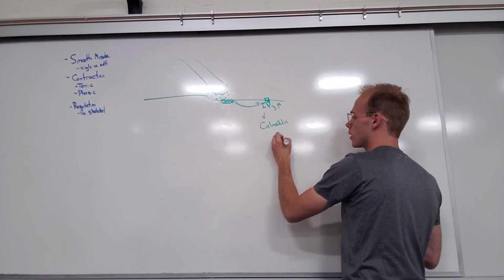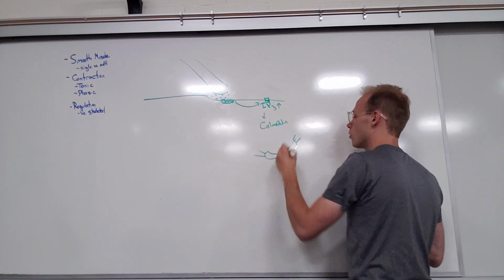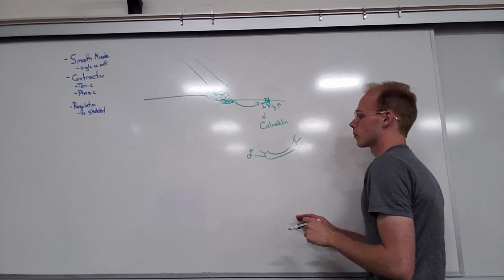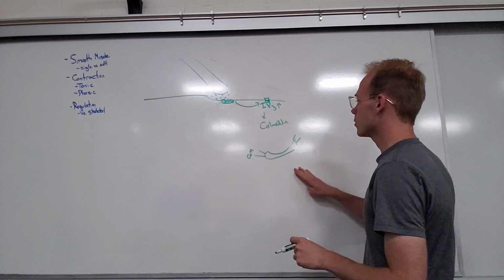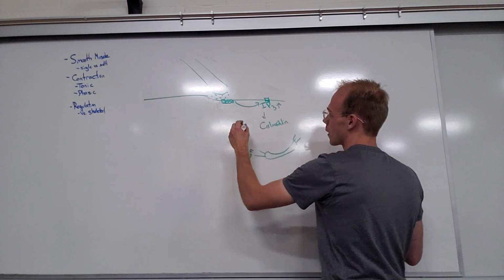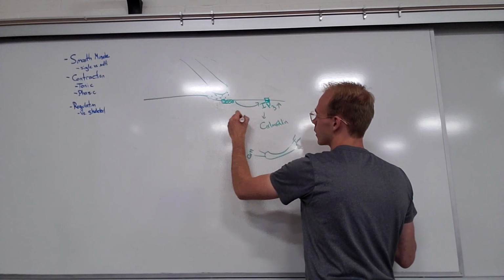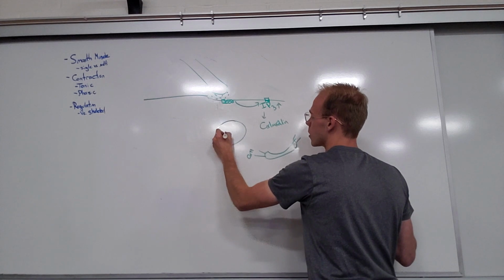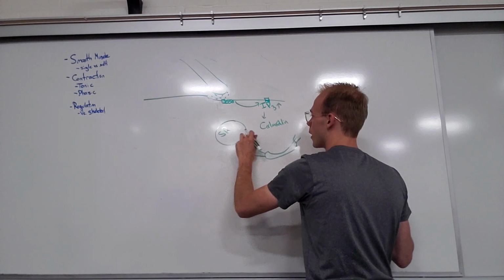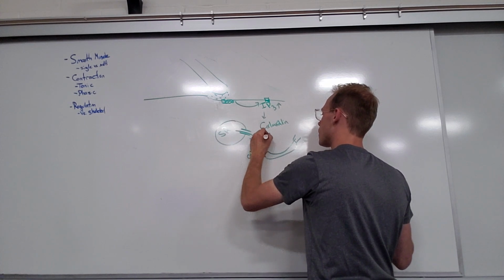So calmodulin is kind of like this little interesting protein, and it's got 4 binding sites for calcium. And when it's bound to calcium, so IP3 causes calmodulin to be activated because it causes SR, sarcoplasmic reticulum, to open up channels that allow calcium to flow out.